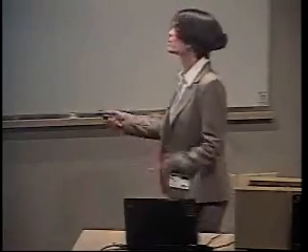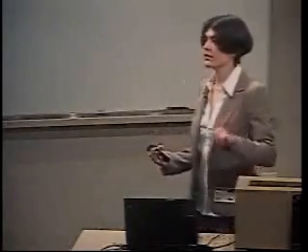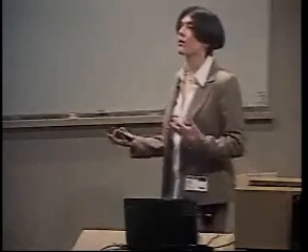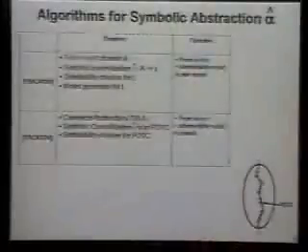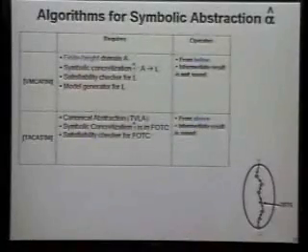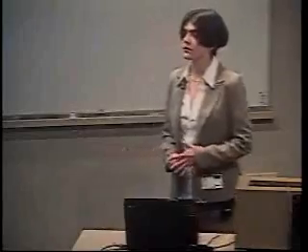Including polyhedra? No, for finite height domain, let's say. Actually, the question is, what are the requirements on the domain? So we're trying to understand the requirements by looking at the intuition that we have from this algorithm. And I'd like to show one step of it. But it's something like narrowing, right?